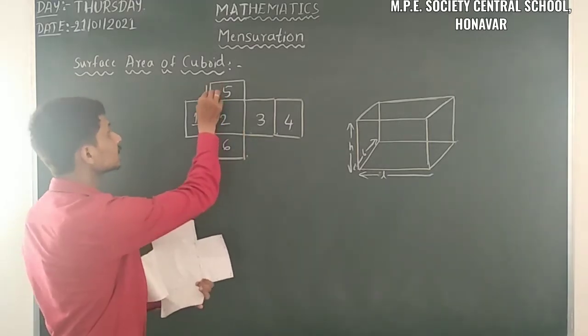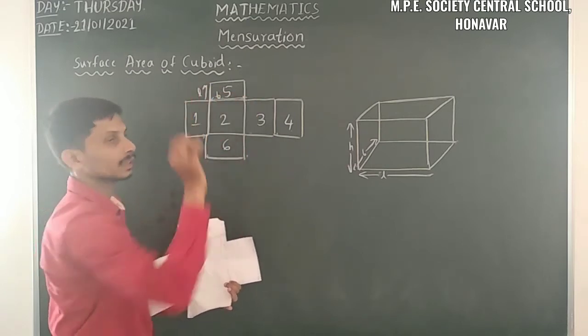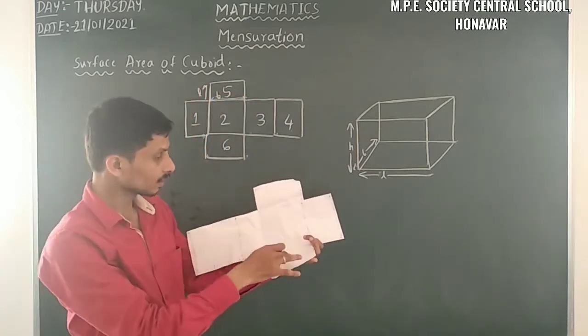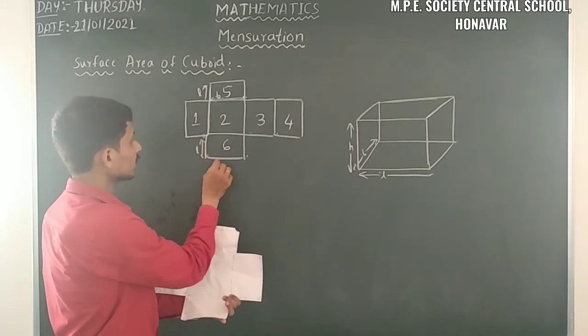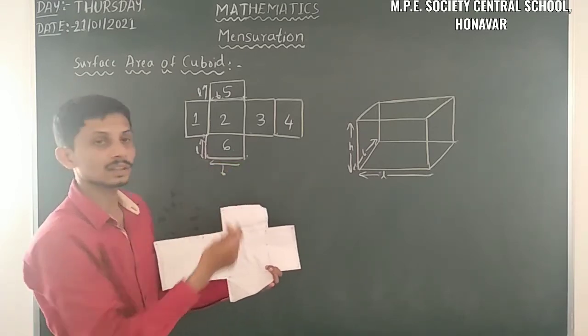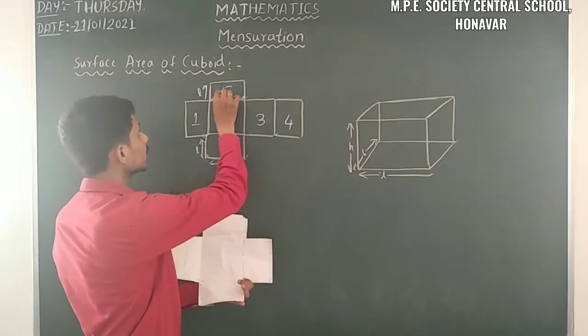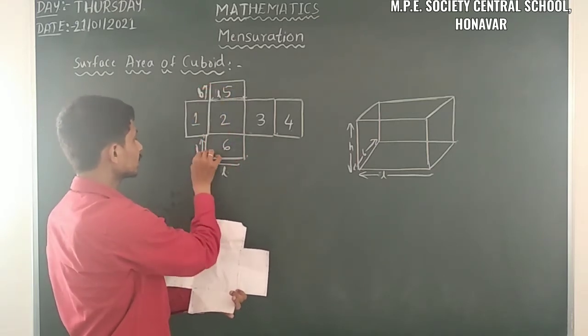This one is length and this one is breadth, B. And in the bottom part also, this is the length and this is the breadth. You can take it in reverse also, it is possible. This is the length and this is the breadth.